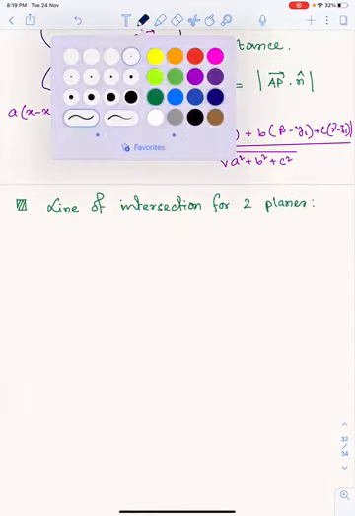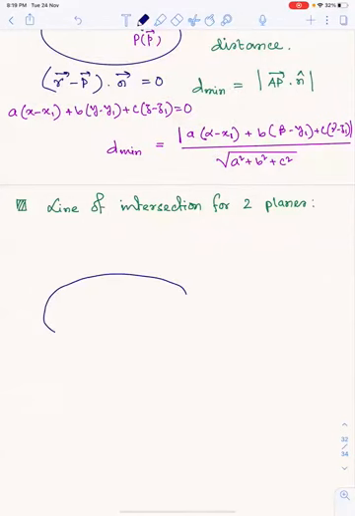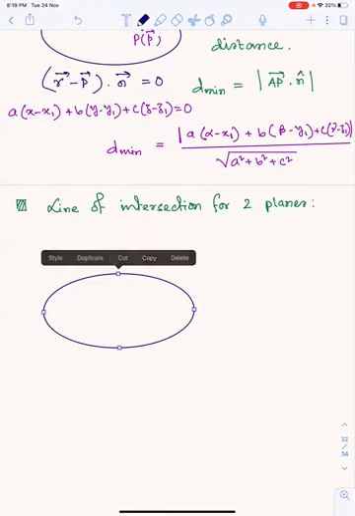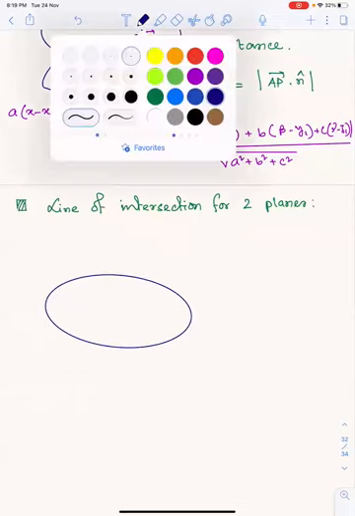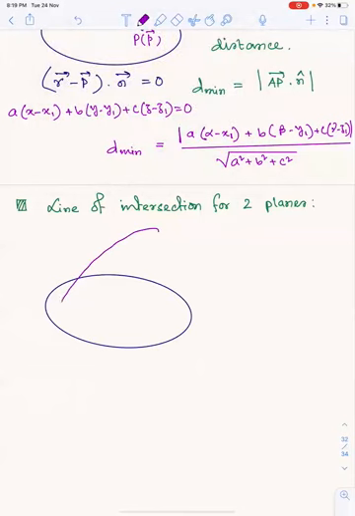If we try to figure that out, say this is a considered plane and another plane is this one.